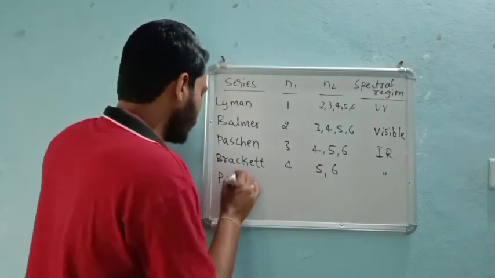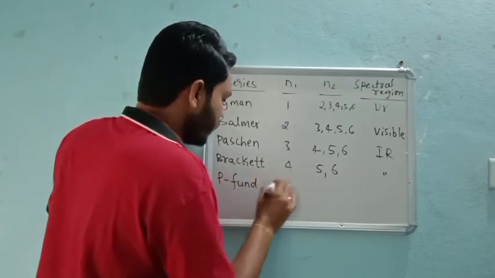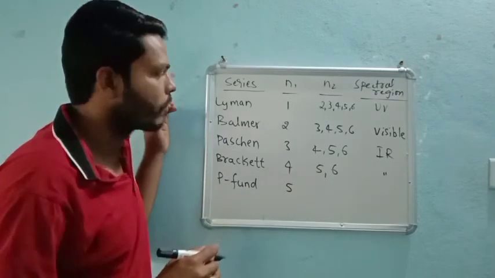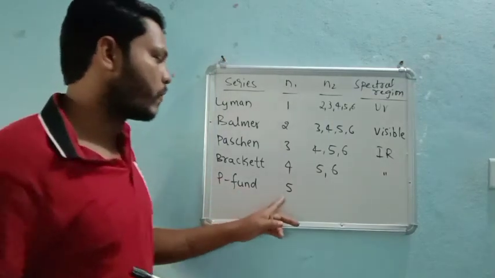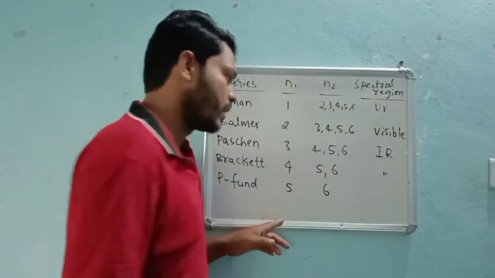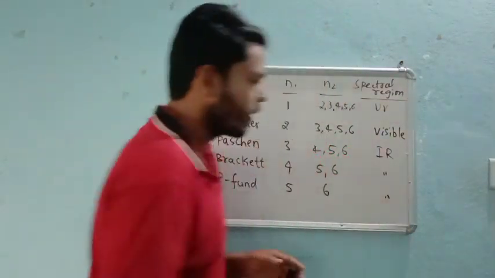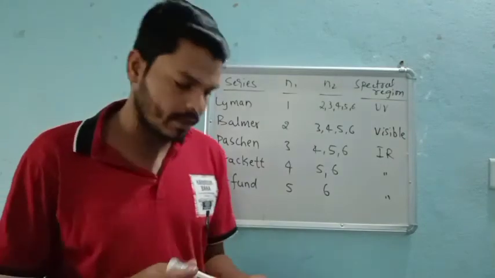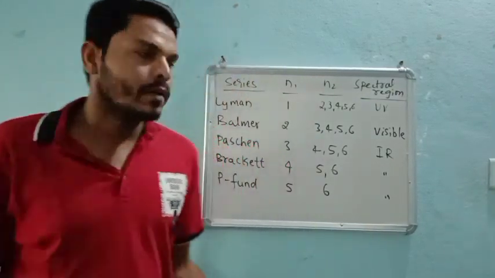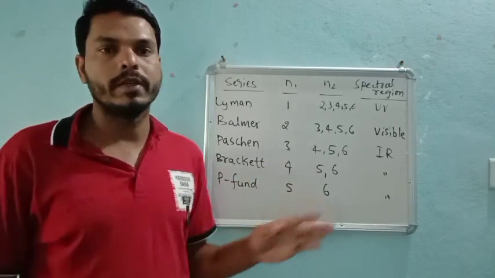And finally Pfund, whose lower energy level is fifth, and it might jump to 6, the only single way, and which also comes under the IR spectral region. So dear students, this is all about today's class. If you are having any doubt, please do ask. Right? Thank you.